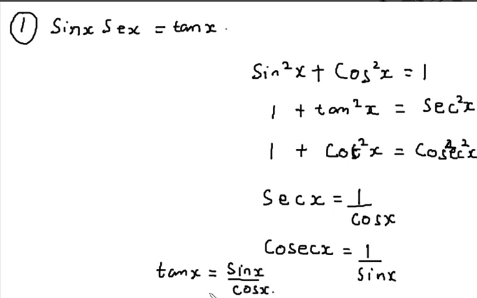Before you start trying to verify trigonometric identities, it is important that you know this relationship between the terms. You can take the liberty of writing them down somewhere, because we are going to be using them while solving our problems.